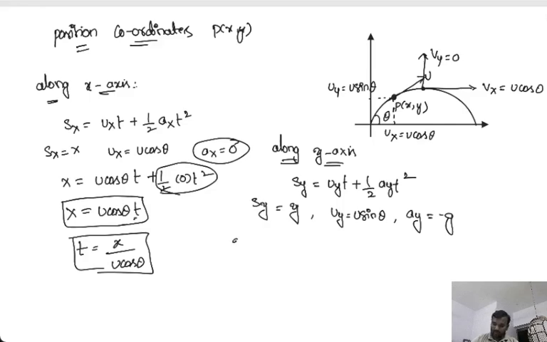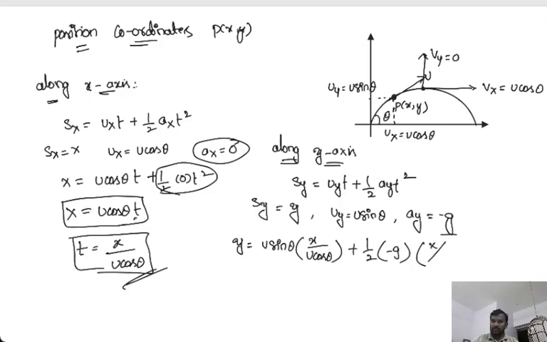Then you get y is equal to u sin theta into t, where t is x by u cos theta, plus 1 by 2 into ay, which is minus g, into t, which is x by u cos theta, whole square.